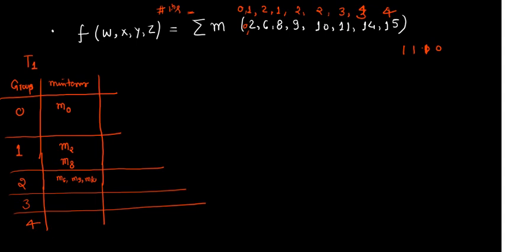Write it in column format. M6, M9, M10. Then group 3, we have M14 and M11. In ascending order, you always write in ascending order.